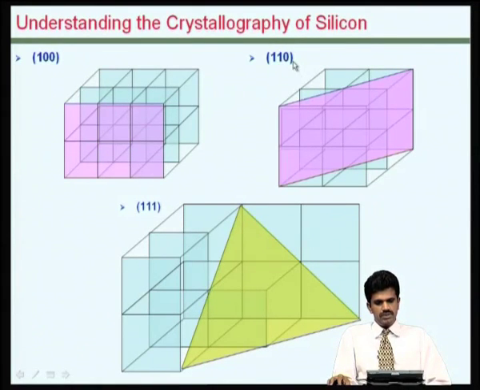In 110, the surface is diagonal with respect to two of the axes, whereas parallel with respect to the third. In 111, the surface of the crystal, or the resulting plane, is inclined with respect to all three crystal directions.